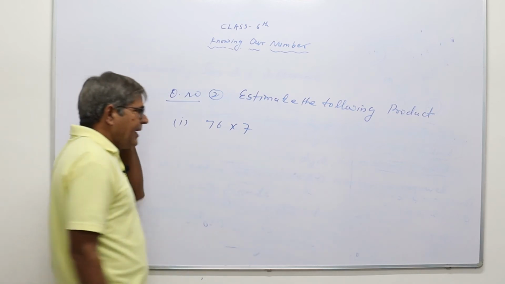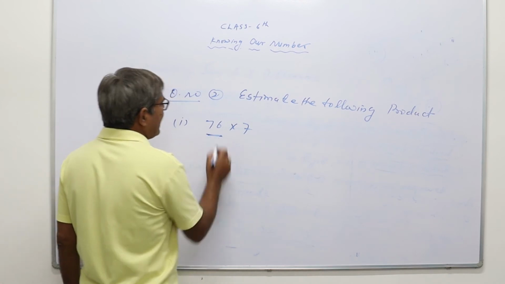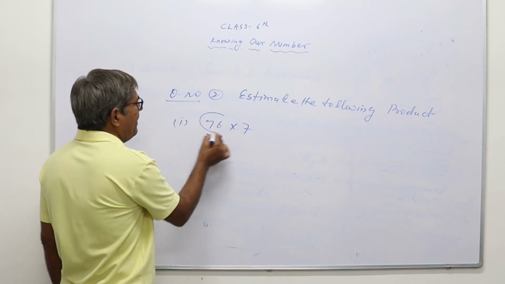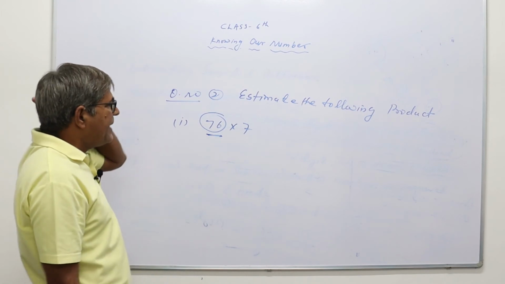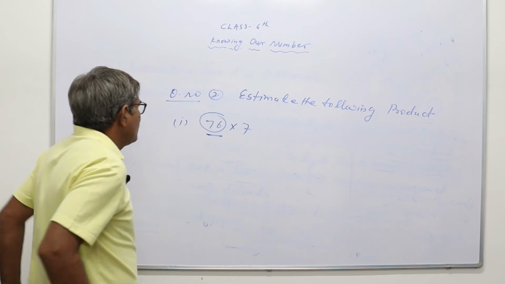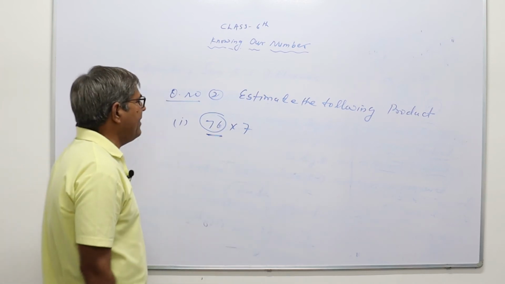So here see, the given number which we have to multiply is 76, and the given number contains 2 digits. So we will convert the given number to nearest 10 first. So the digit at ones is 6, which is greater than 5.